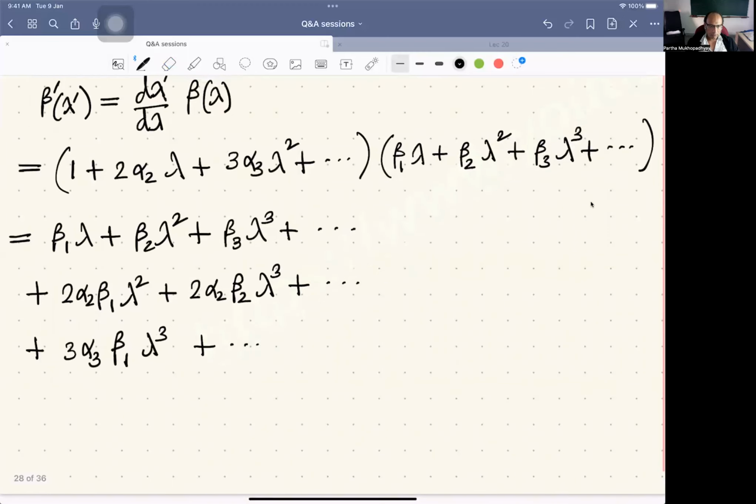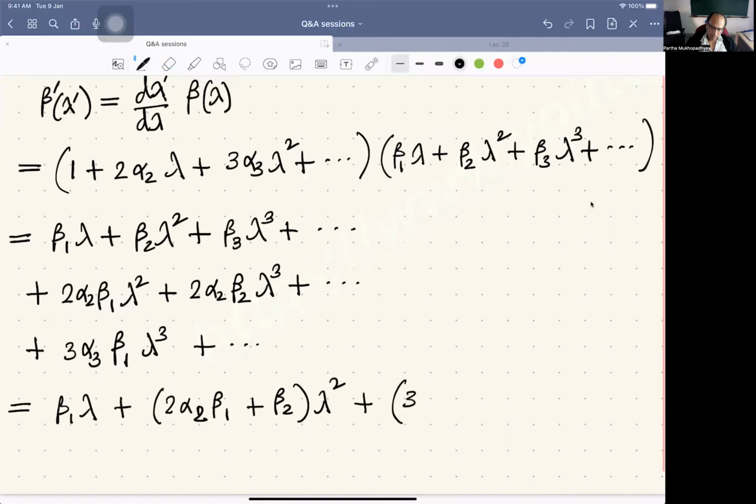Okay, and then you collect the terms: beta 1 lambda plus 2 alpha 2 beta 1 plus beta 2 times lambda square plus 3 alpha 3 beta 1 plus 2 alpha 2 beta 2 plus beta 3 times lambda cube, and then order lambda to the power 4.